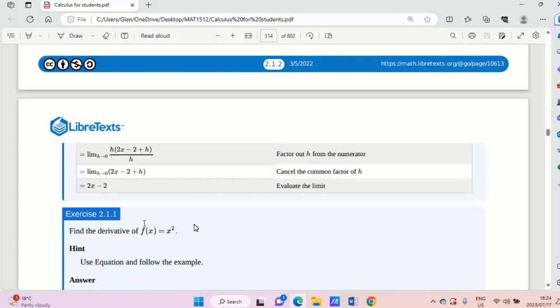I was left with 2xh plus h squared over h. I simplified the h, was left with h into 2x plus h, and then the h cancel each other. I was left with the limit when h approaches 0 of 2x plus h. And then I substituted h with 0. That's how I was left with 2x. Please talk to them.